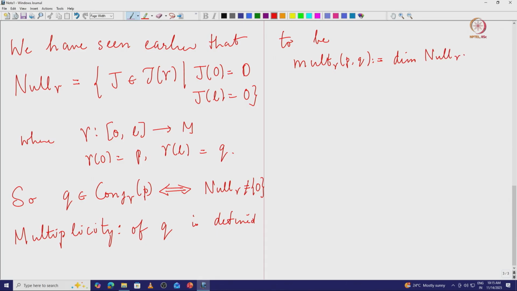So clearly because the space of Jacobi fields is 2n dimensional, once you specify an initial condition that J of 0 is 0, then the dimension of the null space is definitely going to be less than or equal to n.